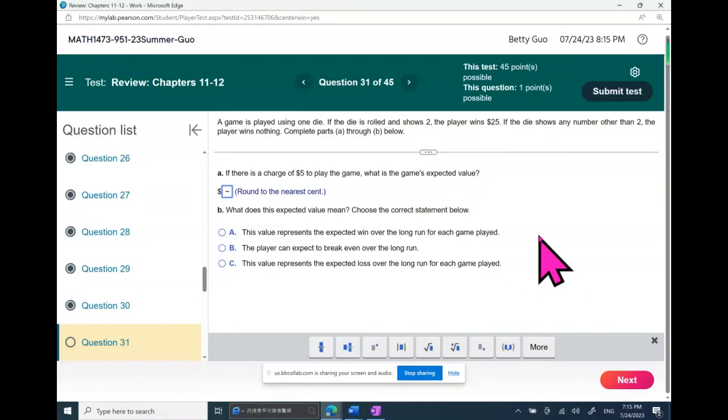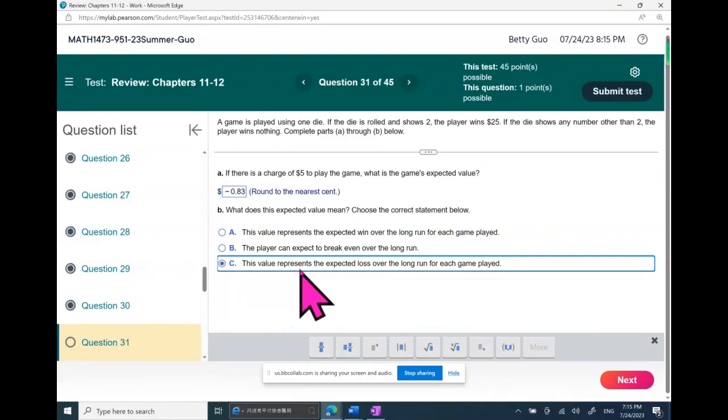We have 0.83. Keep 2 decimal places, nearest cent. 5 divided by 6 is 0.83333. So negative 0.83. And the player expects to lose that much money. That value represents the expected loss over the long run for each play.